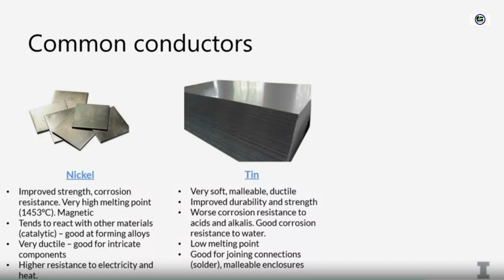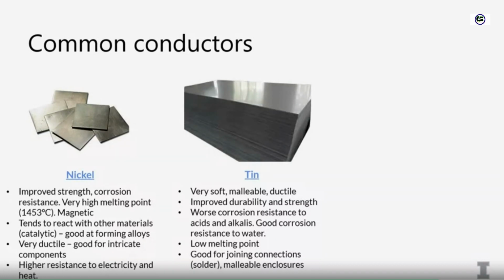So it is strong. It has poor corrosion resistance to acids and also very basic materials, alkalis. It'll corrode a lot in those environments. However, for water, it's great. Tin doesn't corrode much in water, so tin's very good for marine applications. If you're building something that's going to sit next to water, in lakes or oceans.